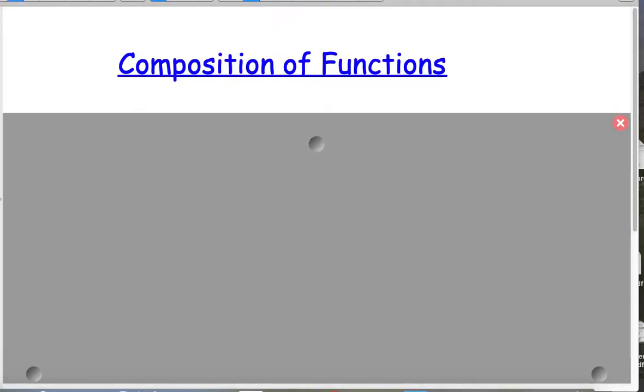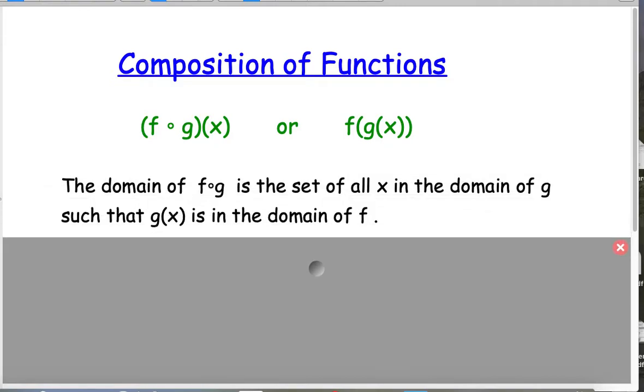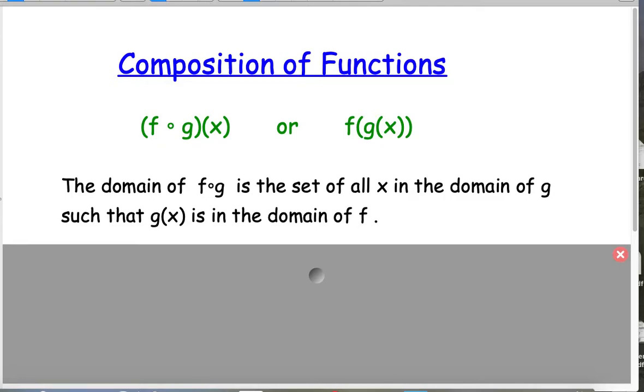All right, so composition of functions. The notation we use is either f and g in parentheses with a little circle in between them, and then an x in parentheses after it, or more commonly, f parenthesis g of x and then close parenthesis. So either notation is fine. It's important to understand this statement though.